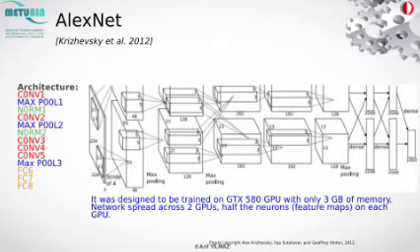So let's inspect Alexnet. It is an 8-layer neural network. The first 5 are convolutional layers, and the final 3 are fully connected layers.